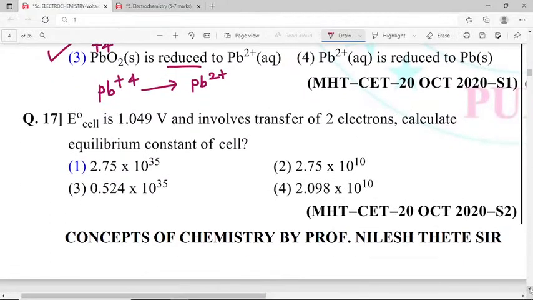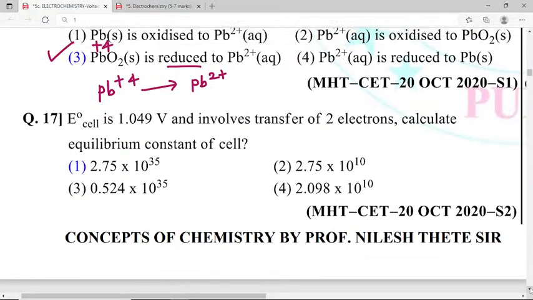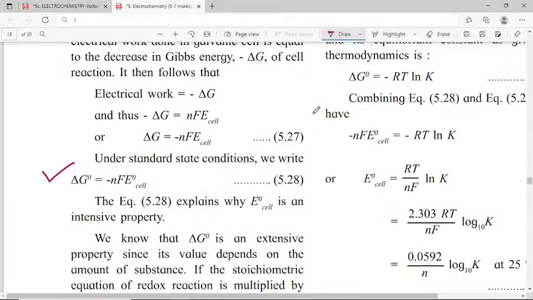E naught cell is 1.049 volt and involves 2 transferred electrons. Calculate the equilibrium constant of the cell. So, okay, what is the formula we have to use?